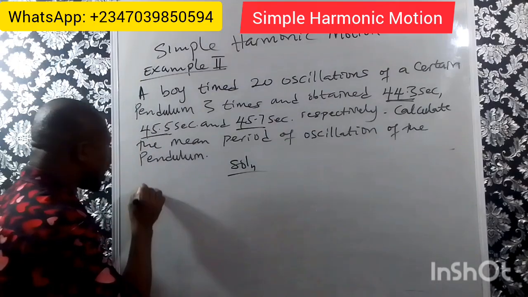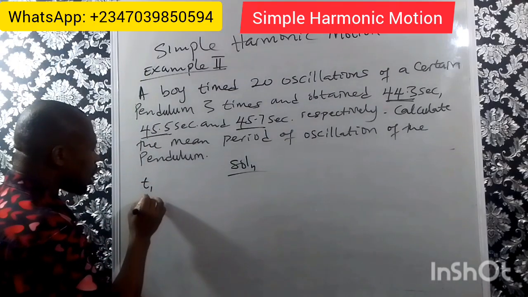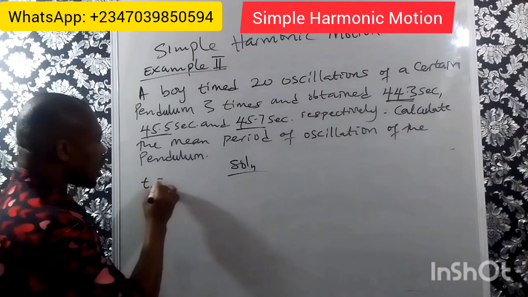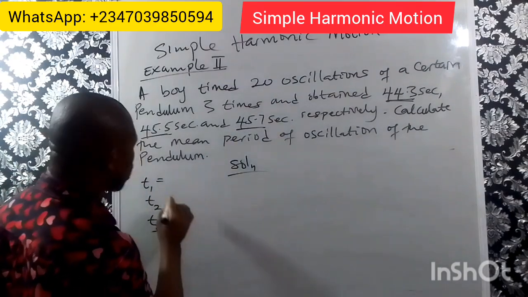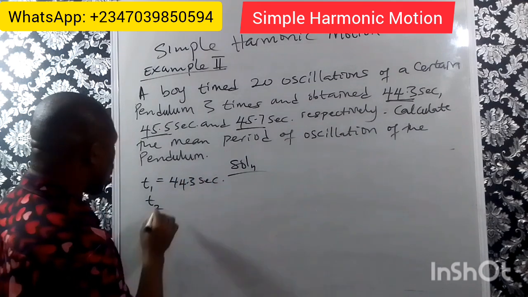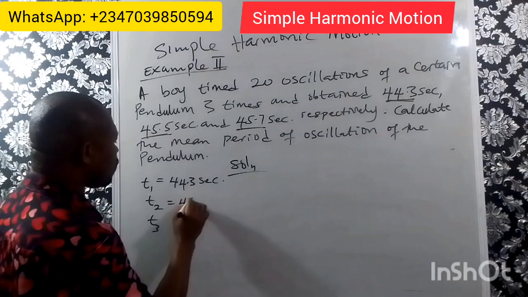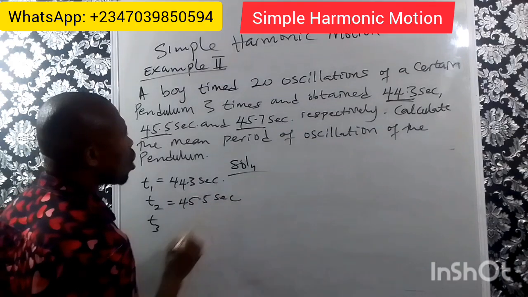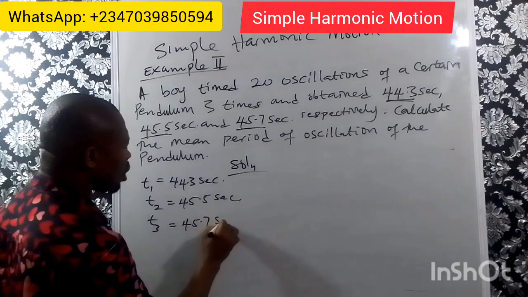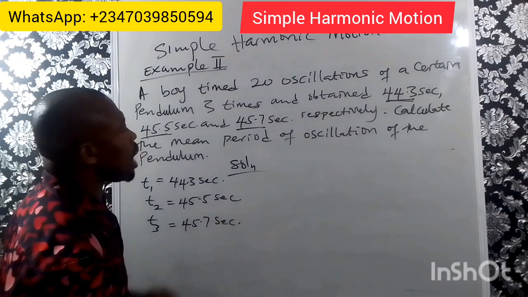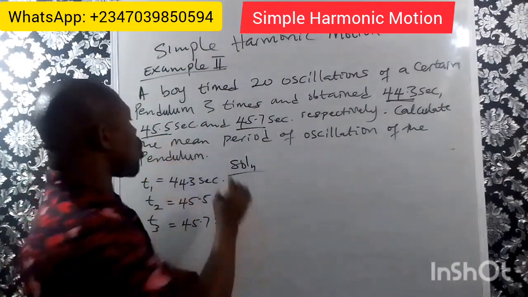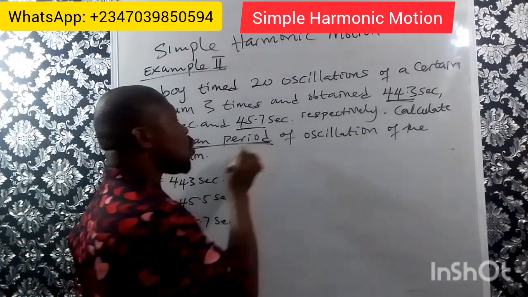Now he did the first one, T1, the second one, T2, the third one, T3. The first one he got 44.3 seconds. The second one he got 45.5 seconds, and the third one he got 45.7 seconds. Now that's it. The mean period of oscillation, this is the key phrase here.